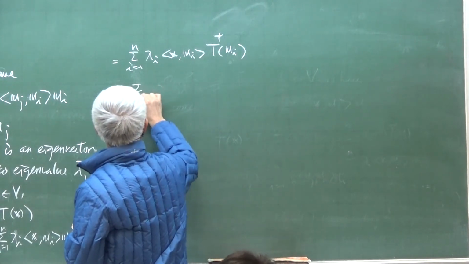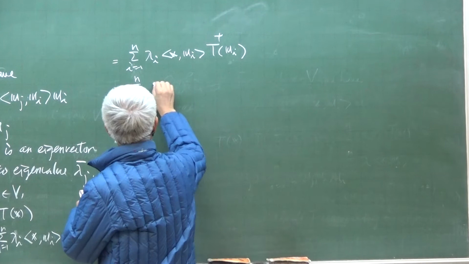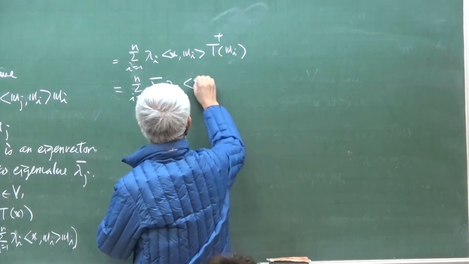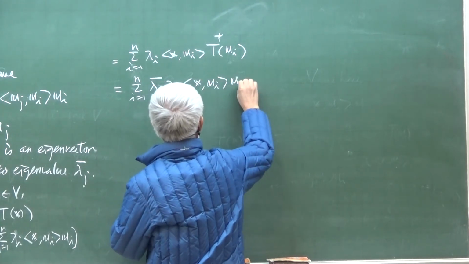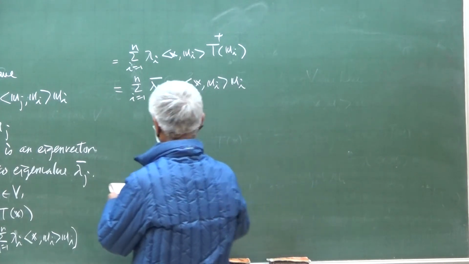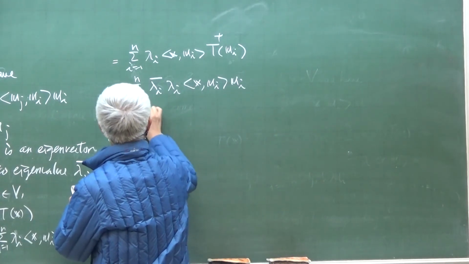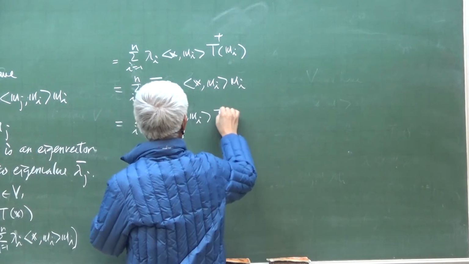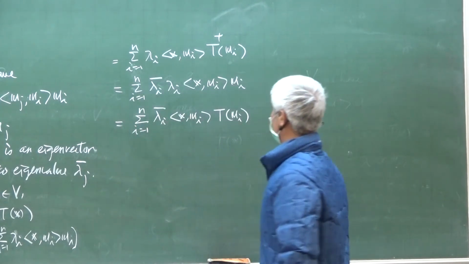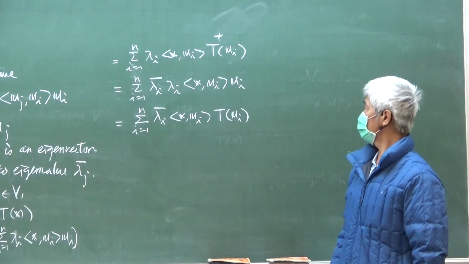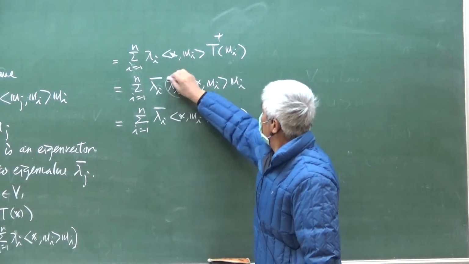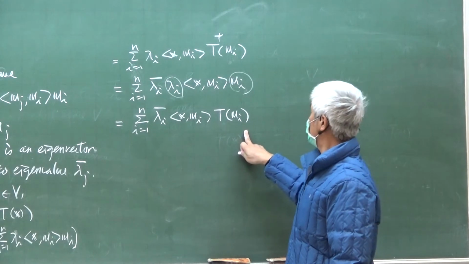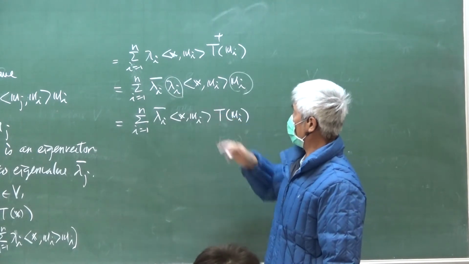So we have lambda_i bar, u_i, T u_i. Okay, T u_i here, because together this is T u_i, because u_i is an eigenvector of T corresponding to eigenvalue lambda_i.